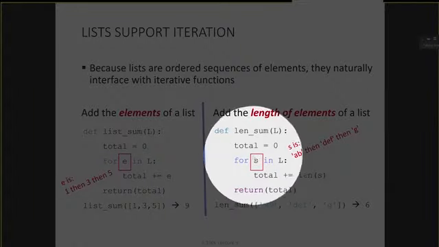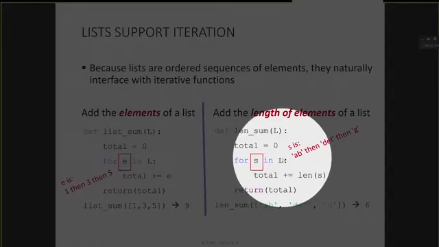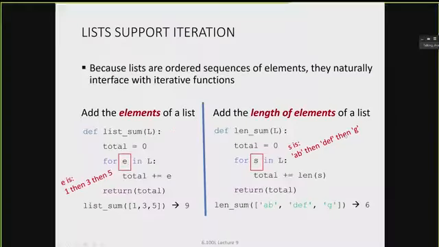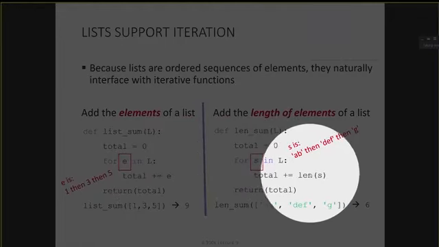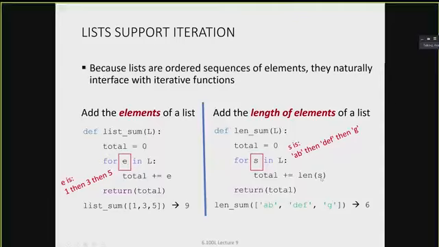Our loop variable still iterates over all the elements in the list L. And then if we write the note for ourselves that S is going to be AB, then DF, then G, if we wanted to write code that grabbed the sum of all of the lengths of the strings in the list, the total plus equals E on the left-hand side becomes total plus equals length of S on the right-hand side. So length of S, one at a time, will take on the value 2 because AB has length 2, and then 3 because DF has length 3, and then 1 because G has length 1. Right? So the code looks very similar, but they have different functionalities depending on what we want to do.